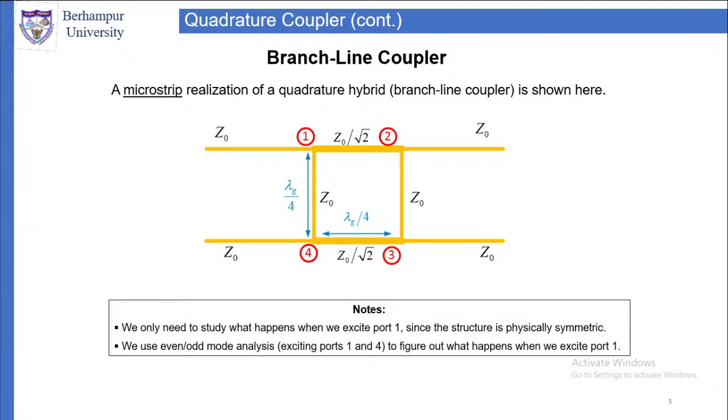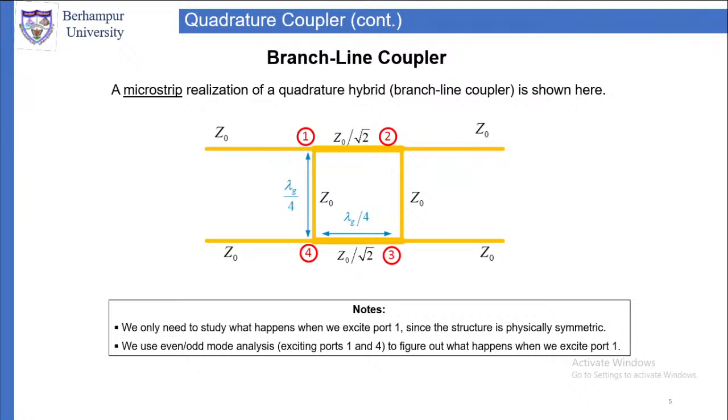If you do not know what epsilon effective is, you can take root over epsilon r, which is very close to epsilon effective. So lambda g is equal to lambda 0 by root over epsilon r. So this length is lambda g by 4. Similarly, the separation between the two parallel lines is also lambda g by 4.